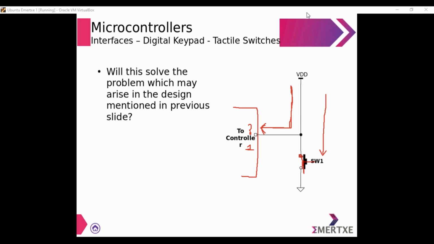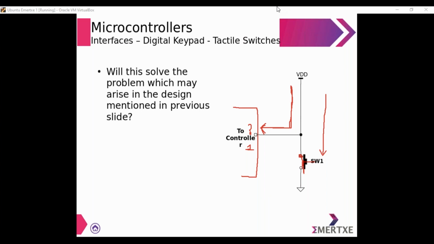And short circuit is more dangerous than a floating line. So it is okay to keep the line floating, but having a short circuit is more dangerous. So I cannot let the complete current from the VDD flow to the ground like this. In between, I have to add a passive device which consumes some power.